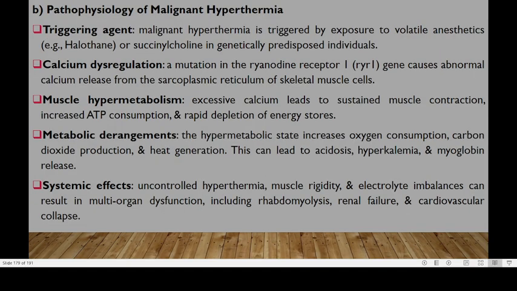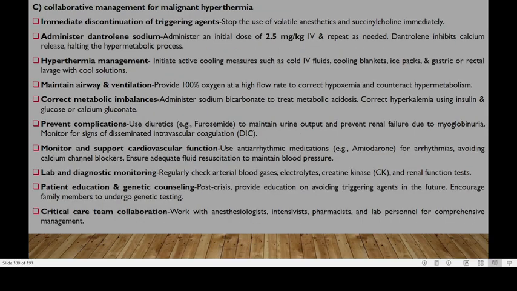Remember, malignant hyperthermia starts with a triggering agent, then leads to calcium dysregulation, muscle hypermetabolism, metabolic derangements, and lastly, systemic effects.